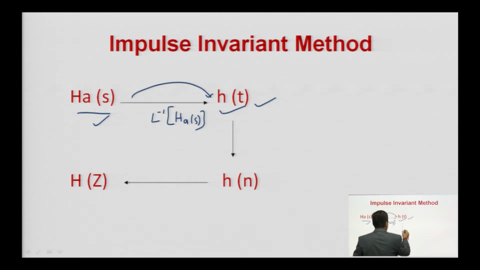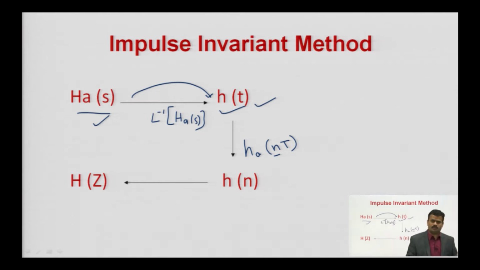Then after that you have to do uniform sampling. You have to convert into h_a(nT), where small n is the number of samples you have taken, and capital T is your sampling interval.